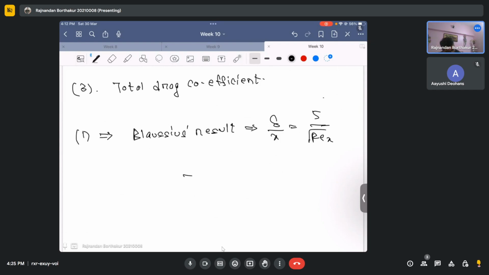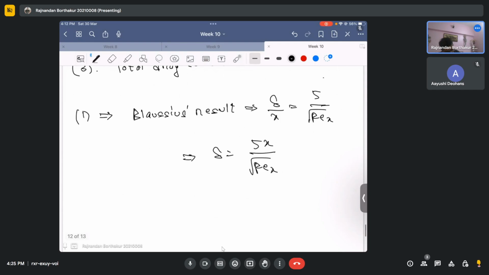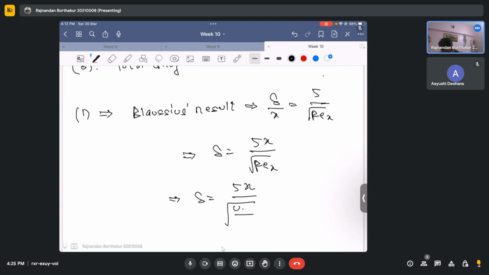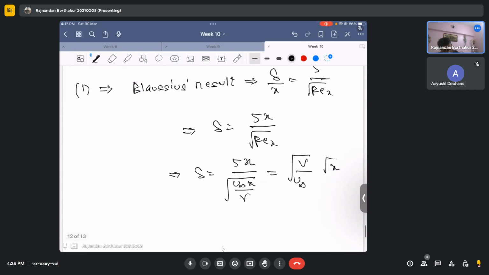This means delta is 5x by square root of Re_x. Re_x can be written as u infinity x by nu, so this becomes 5 times square root of nu by u infinity, times root x.